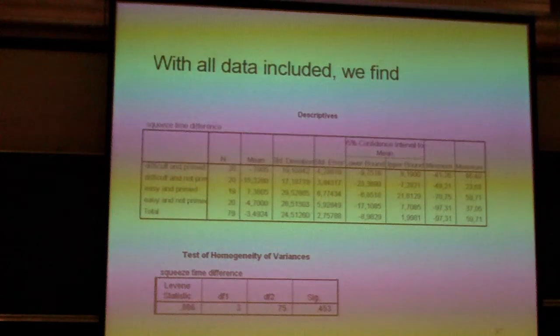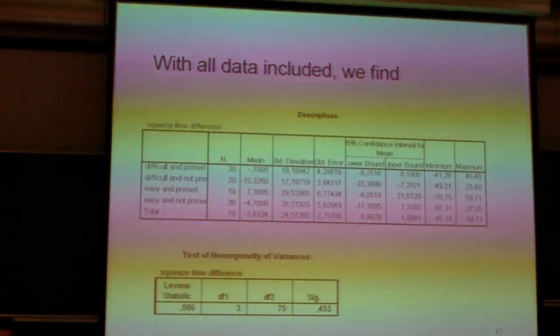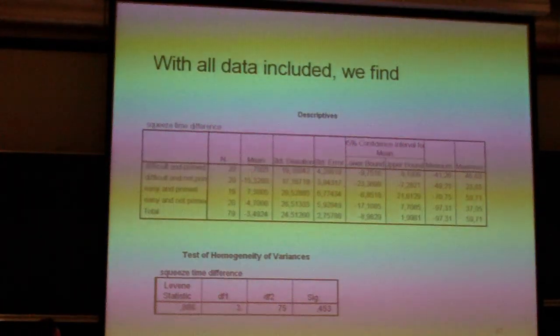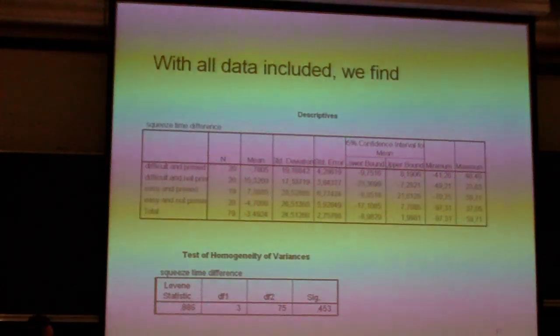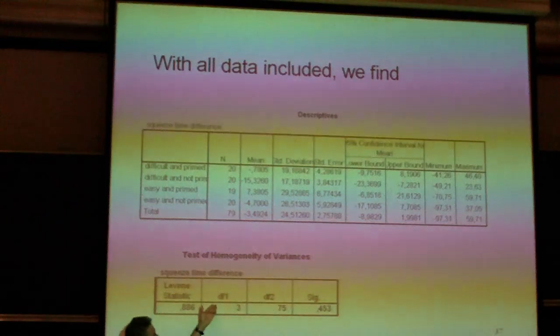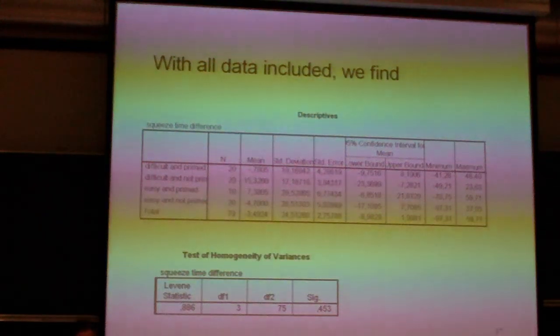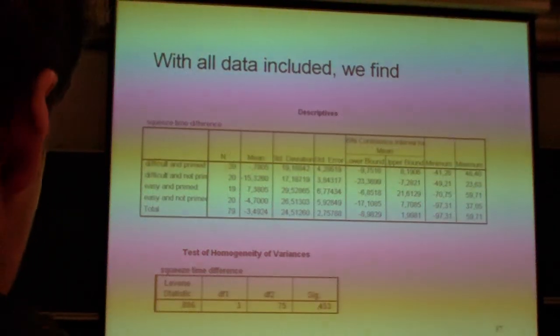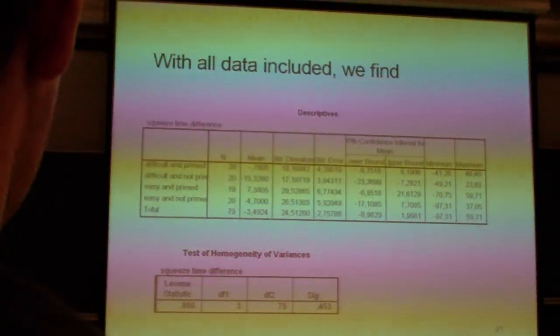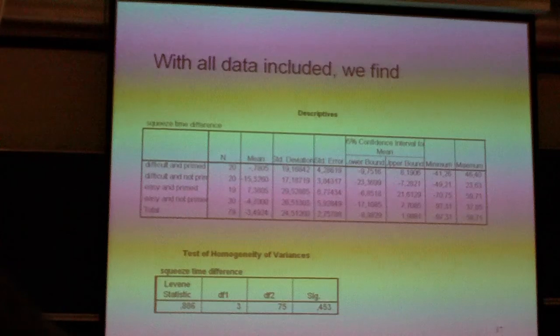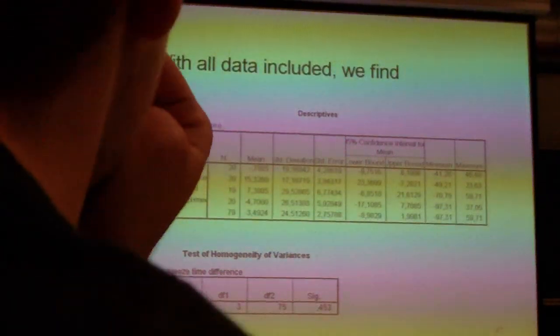Here we have the analysis on all data, and we can see that there's a test of homogeneity of variance. This test, known as the Levene test, tests the null hypothesis that the population variances are all equal. And you can see this test is not significant at all.